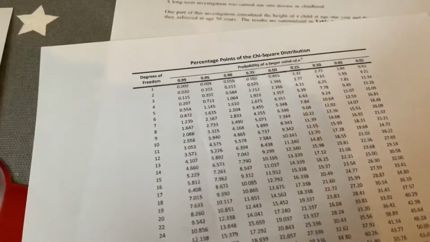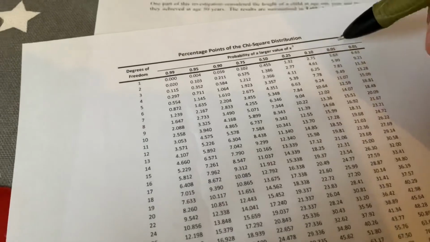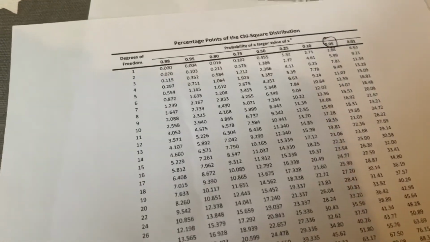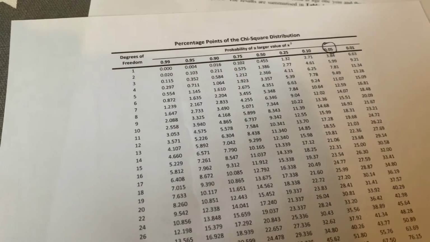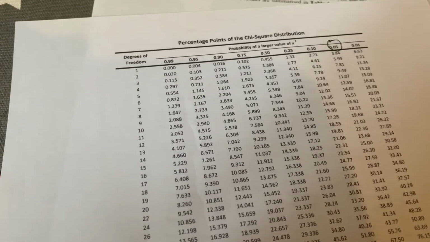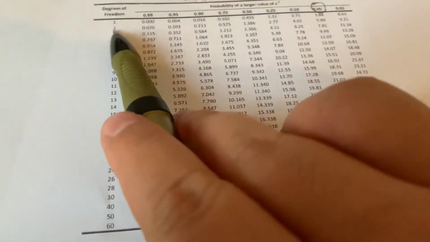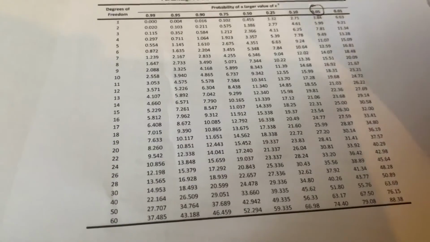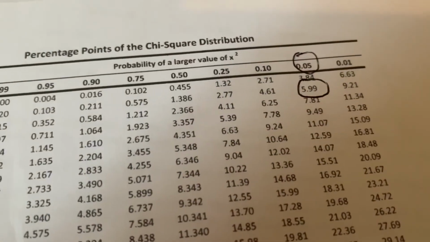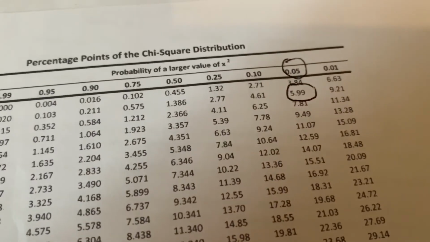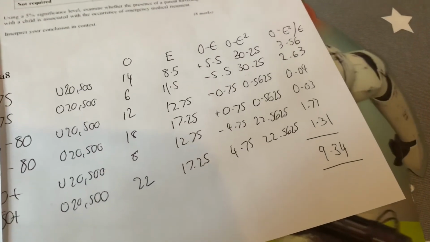And this question asks for 5%, which, as I explained with Spearman's rank, is this one here. 0.05 is the same as 5%. So that is what we want to match up, 2 with 0.05, and here is our important number, the 5.99. So we've got 9.34.